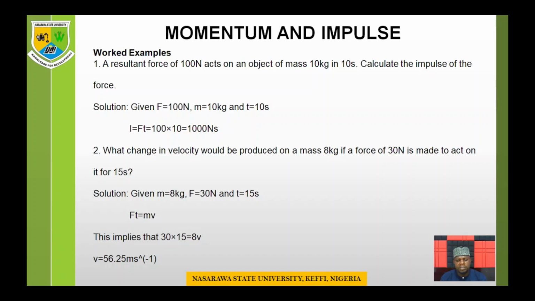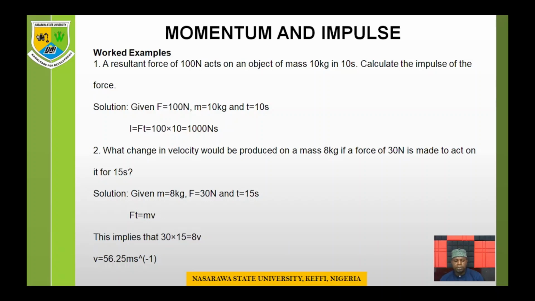We have worked examples on this, and one of them is: a resultant force of 100 Newton acts on an object of mass 10 kg in 10 seconds. Calculate the impulse of the force.